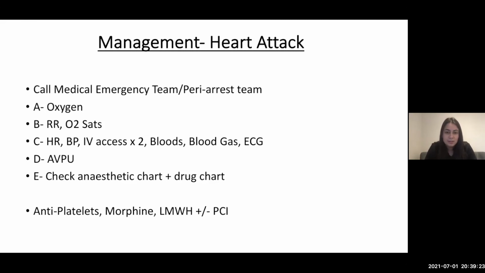And the main treatment when the medical team arrive, they usually give antiplatelets, they give morphine, they give some sort of low molecular weight heparin, and some patients have to go for urgent coronary intervention. So they put stents which go through the femoral artery in the groin up into the heart, and they expand the artery again with some stents.